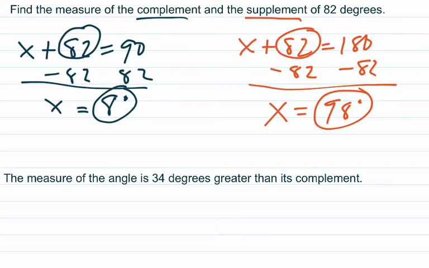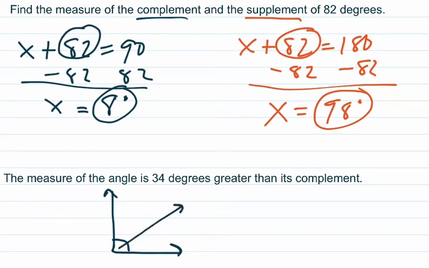Alright, so the next type of problem: the measure of an angle is 34 degrees greater than its complement. An easy way to picture this is we have that right angle, because we know they have to be 90 degrees, so we can make a picture like this. We have two angles.